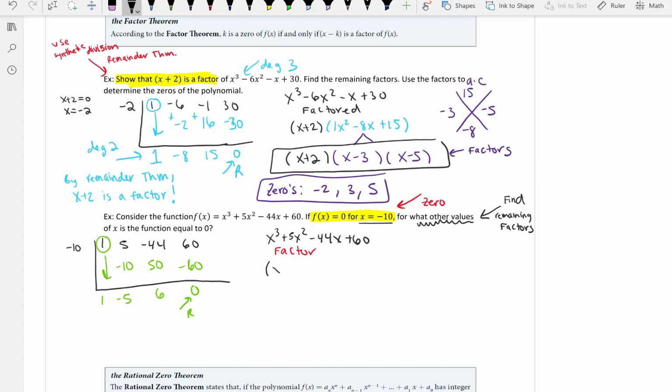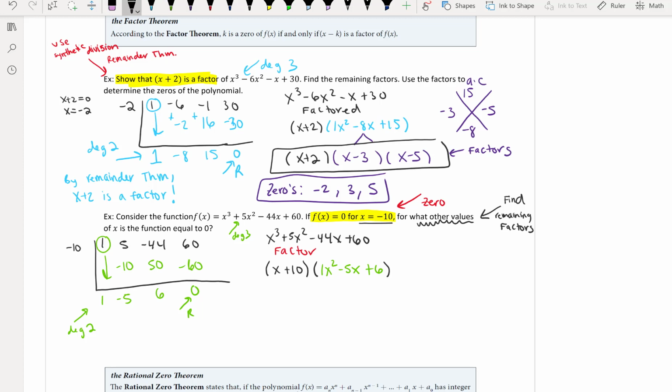So you already know that x plus 10 was going to be a factor. And now here, since this is degree 3, then I know using synthetic division, I'm going to have it starting at degree 2. So I'm going to have a 1x squared minus 5x plus 6.